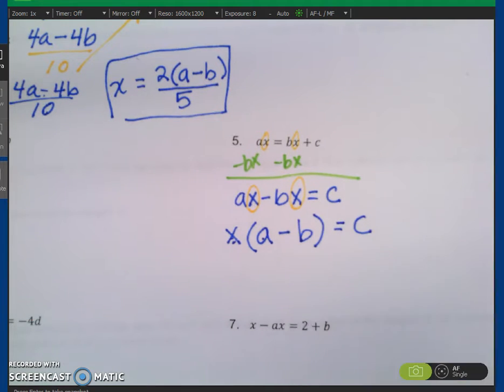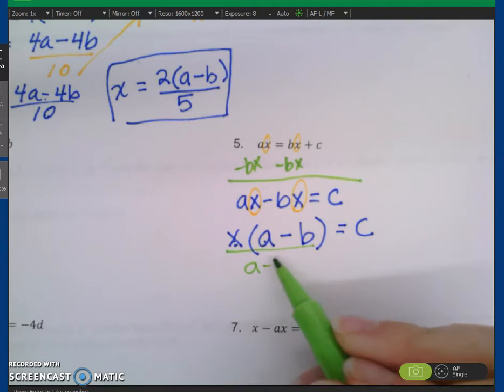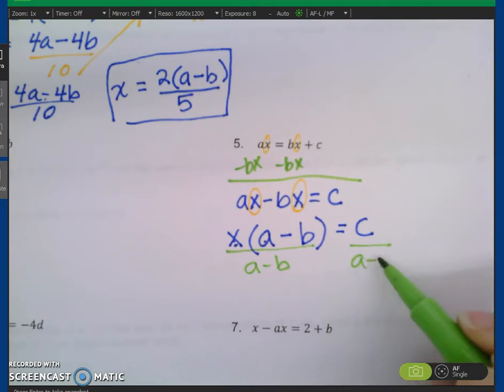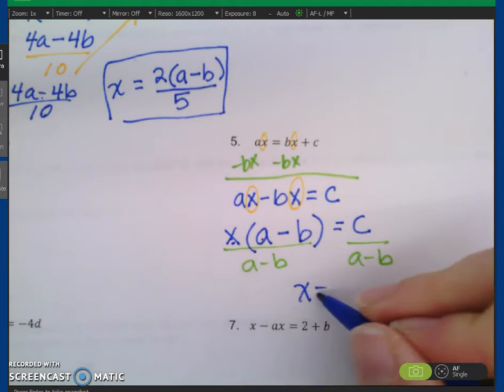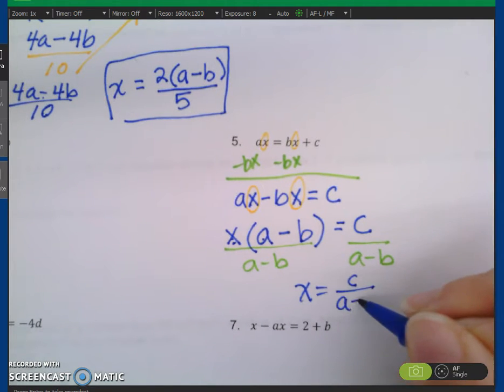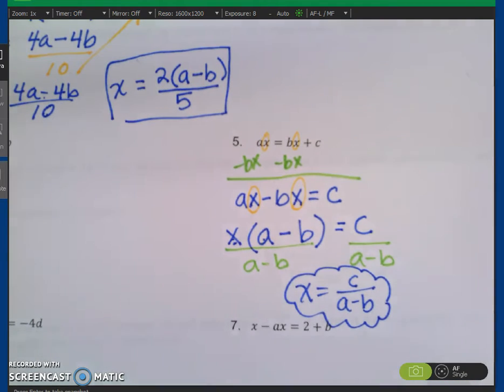Equals c. Now all I have to do is undo multiplying by the quantity of a minus b by dividing both sides by a minus b, and I end up with x equals c over a minus b. It's so nice I don't have to worry about making mathematical errors with numbers.